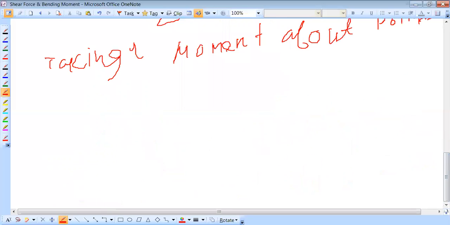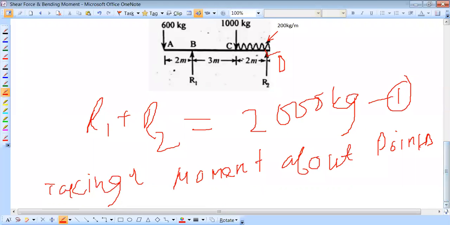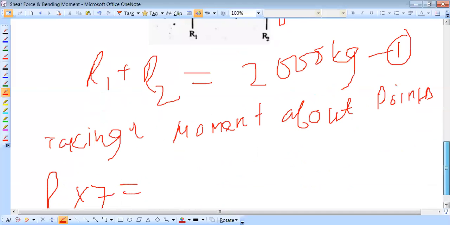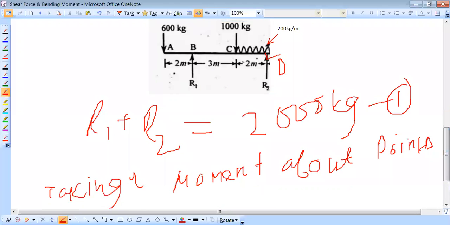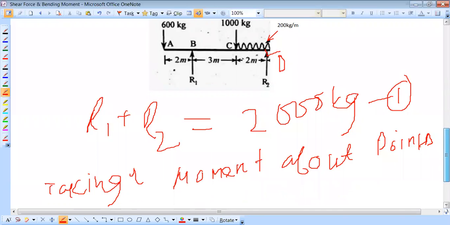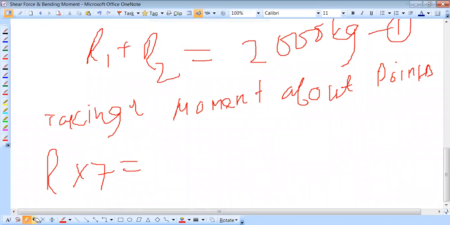Sorry, we take moments about this point, that means R1. This one is actually R1 into 5, not R2.